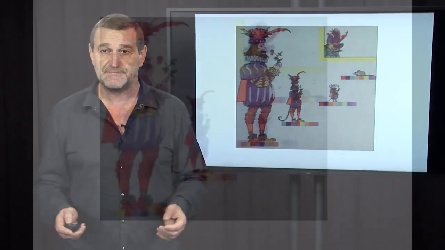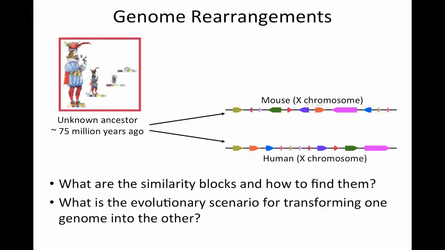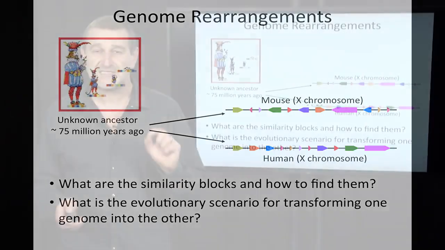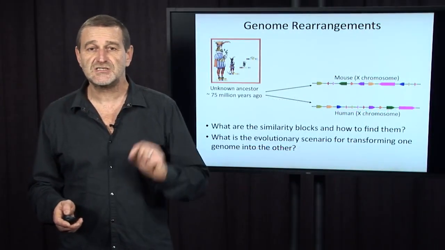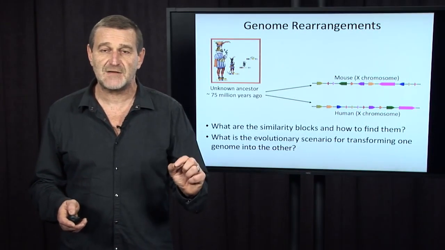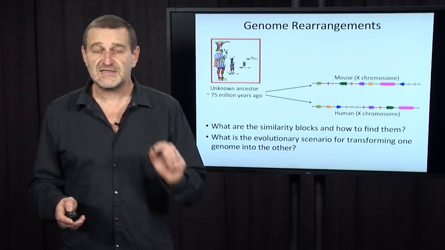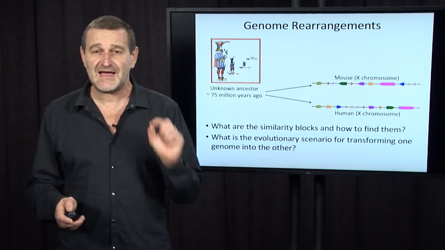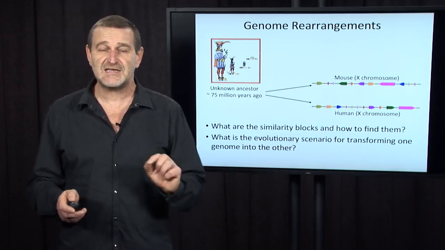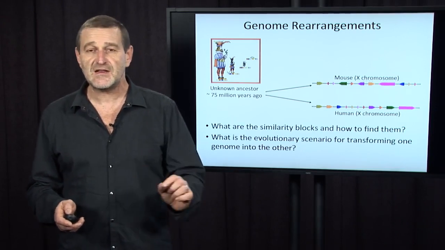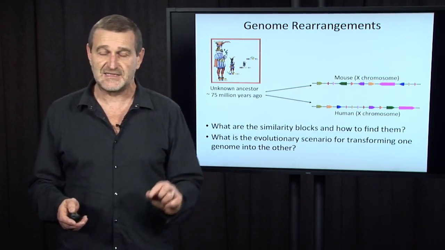So today, we'll focus on a slightly simpler problem of transforming the mouse X chromosome into the human X chromosome. X chromosomes in mammals are special because genes do not jump from this sex chromosome to other chromosomes. And therefore, you can think about X chromosomes in mammals as separate subgenomes, making it a little bit easier to analyze them.